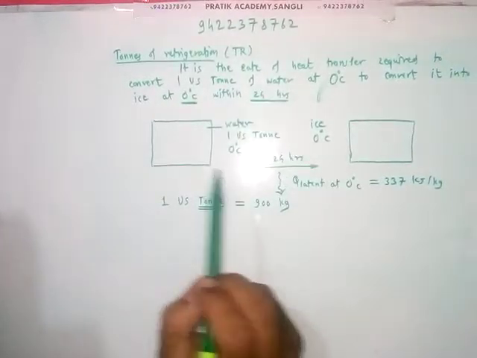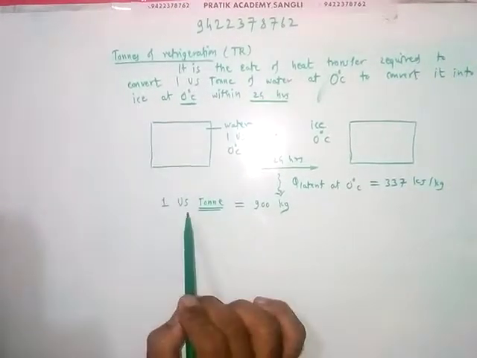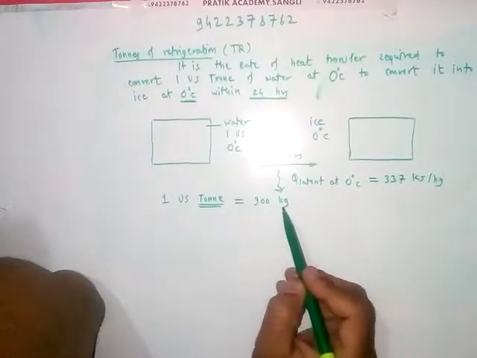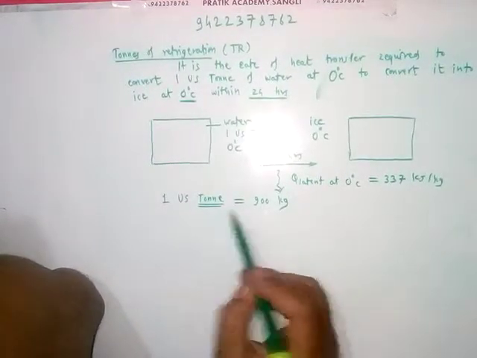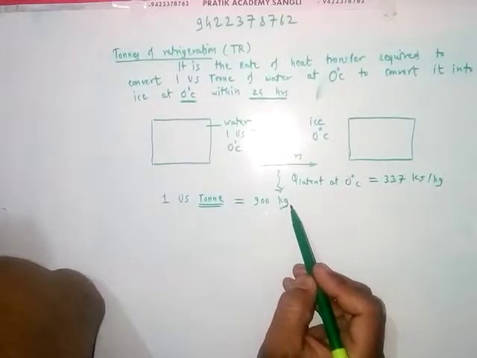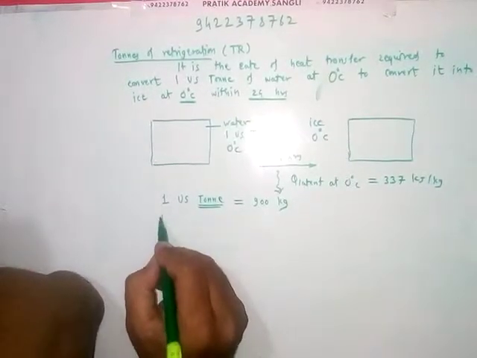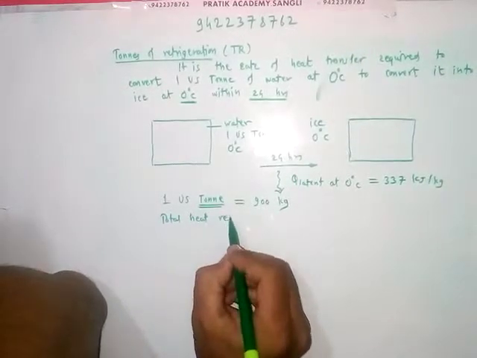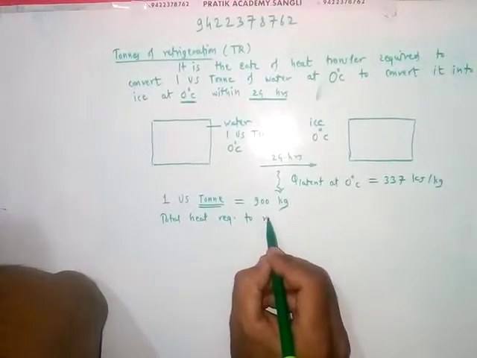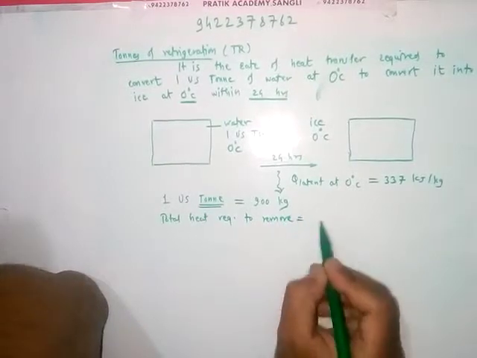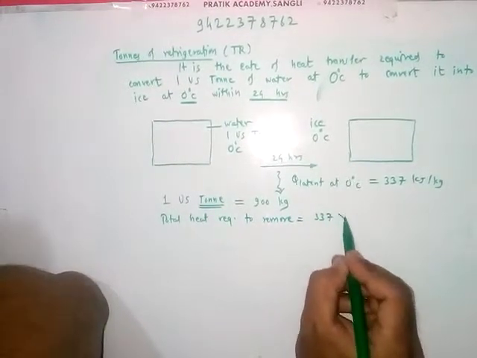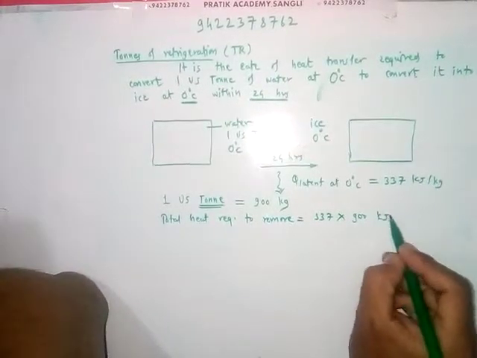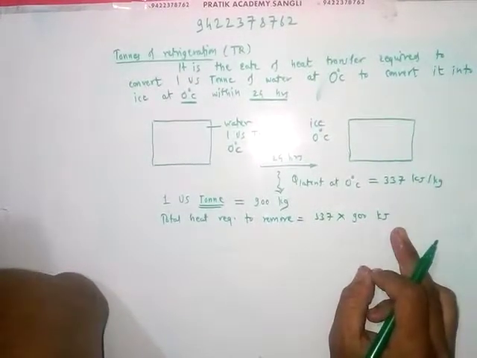This definition is from the US, so they have taken 1 US ton equal to 900 kg. So the total mass here is 900 kg. So the total heat required to remove is equal to 337 into 900. That much amount of heat is required to remove.